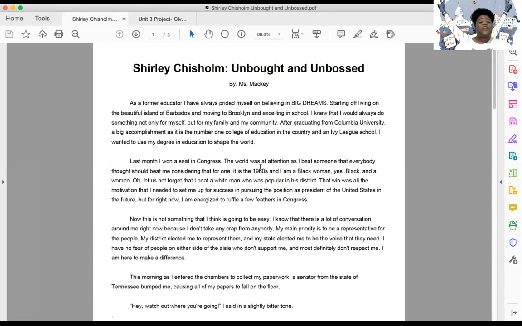As a former educator, I have always prided myself on believing in big dreams. Starting off living on the beautiful island of Barbados and moving to Brooklyn and excelling in school, I knew that I would always do something not only for myself, but for my family and my community. After graduating from Columbia University, a big accomplishment as it is the number one college of education in the country and an Ivy League school, I wanted to use my degree in education to shape the world. Last month, I won a seat in Congress.